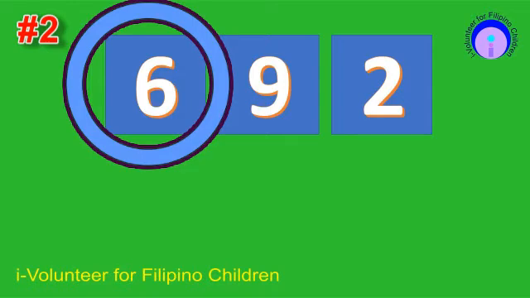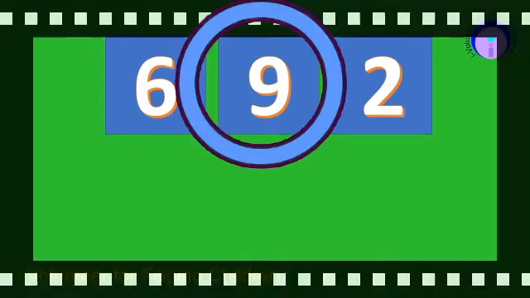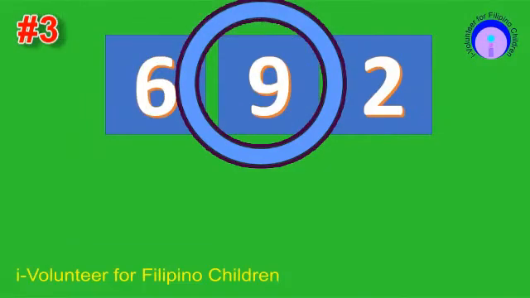Digit 6 is in the hundreds place. Item number 3. What is the place value of this digit?